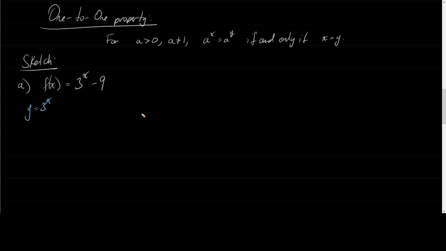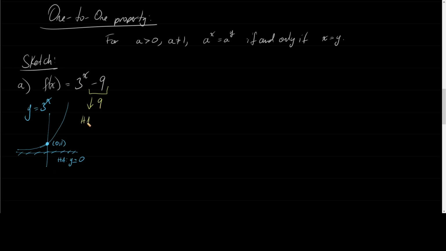Well, let's look at it this way. 3 to the x is, well, our base is 3. So it looks something like this, where it crosses at the point 0, 1, right? And we have a horizontal asymptote of y equals 0. So now, what is this going to do? Well, we don't have just 3 to the x, we have 3 to the x minus 9. That minus 9 is bringing everything down by 9, including the horizontal asymptote.